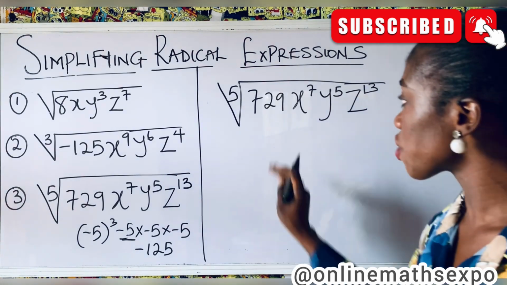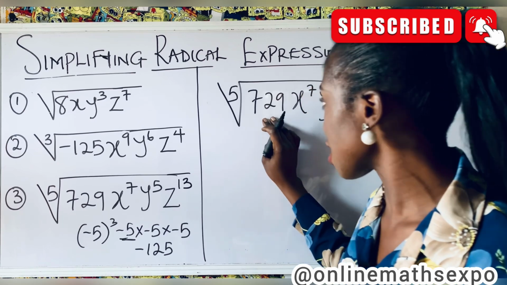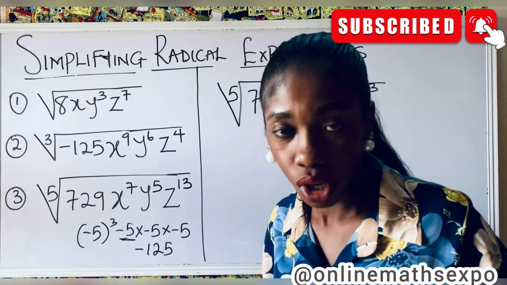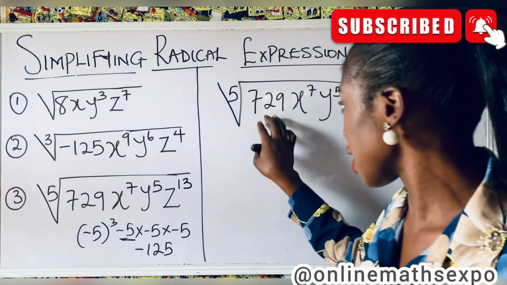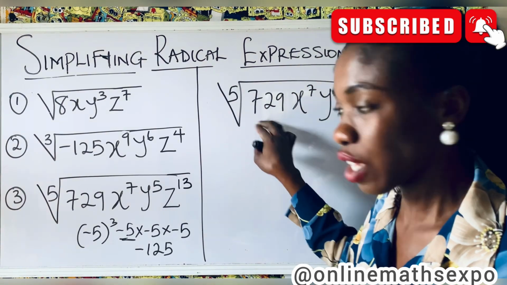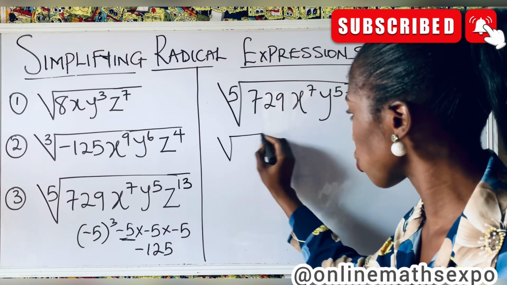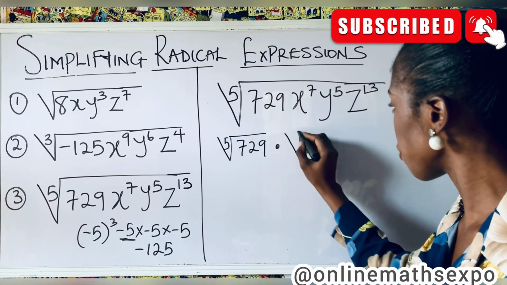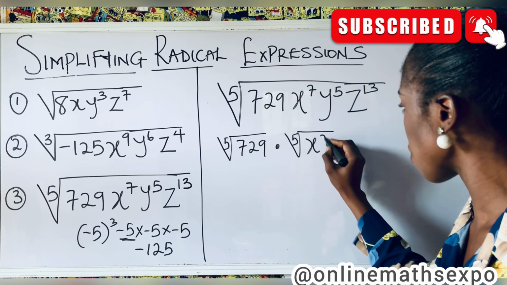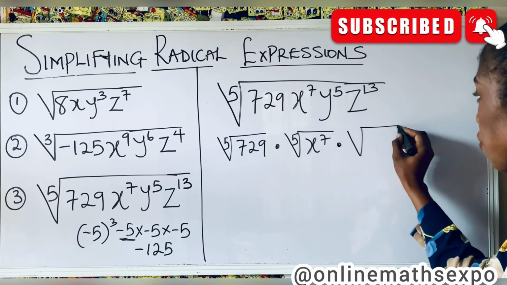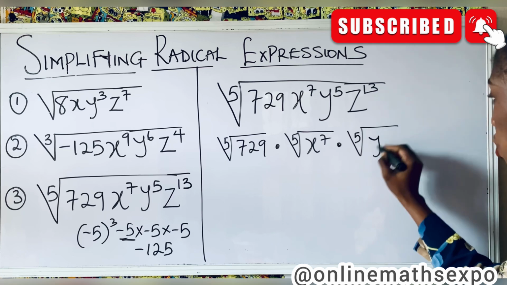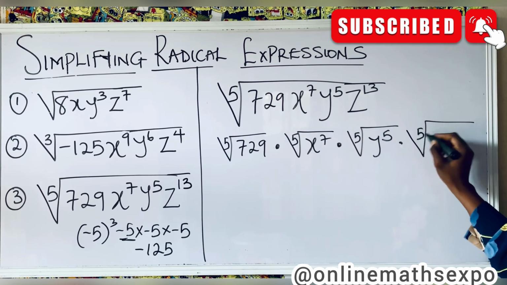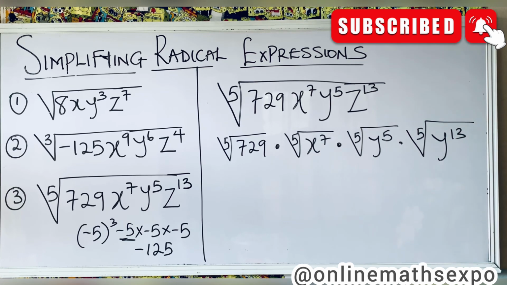Some students may find it difficult to get a number, supposing you are not to use a calculator. Meanwhile, let's reduce. We are going to have the 5th root of 729 multiplying the 5th root of x to the 7th multiplying the 5th root of y to the power of 5 and the 5th root of z to the 13th.